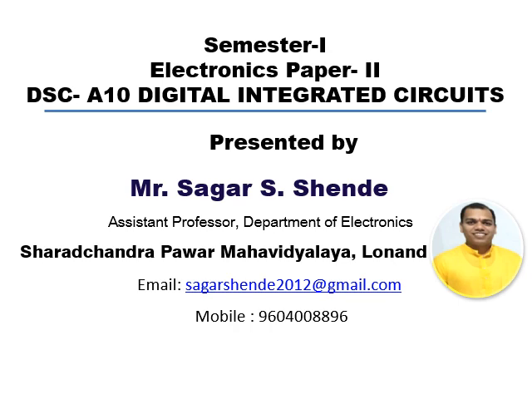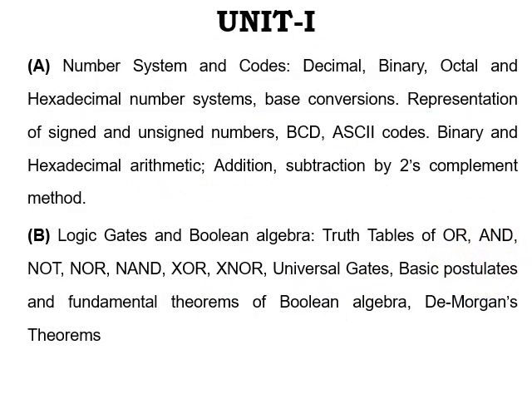Semester 1 Electronics Paper 2, Digital Integrated Circuits. In Unit 1, we have number system and codes. It consists of decimal number system, binary, octal, and hexadecimal number systems.